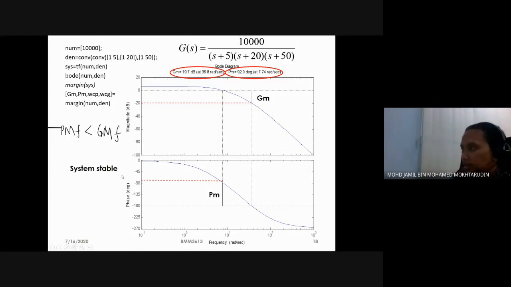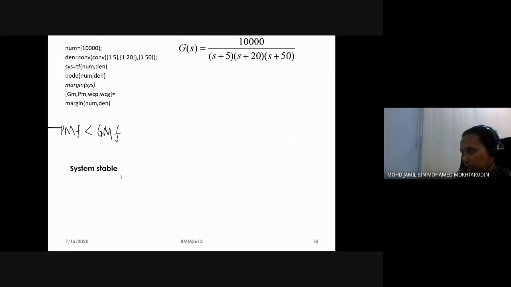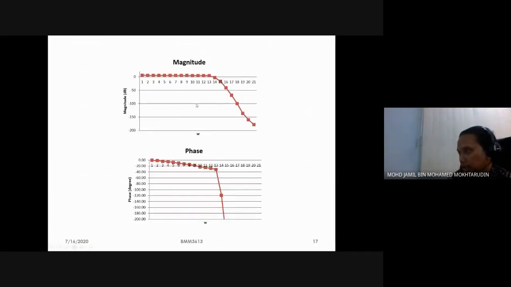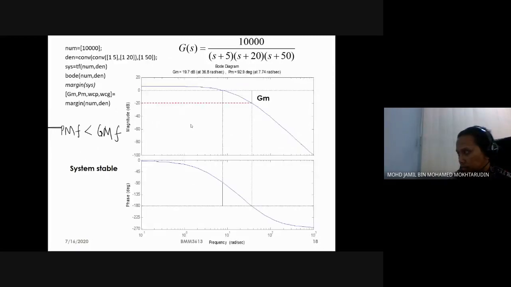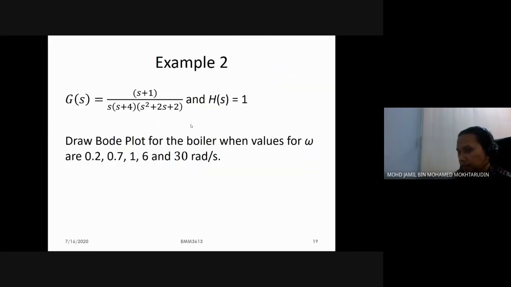So the system is stable. So you can determine gain margin and phase margin from your plot. Also the same thing. Okay, so this is an example.